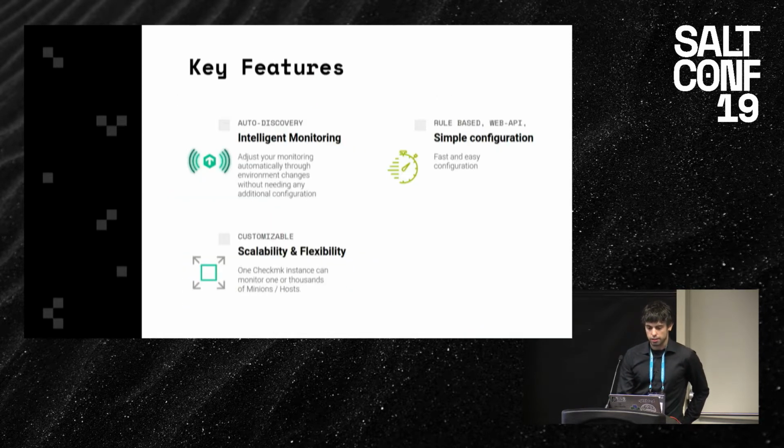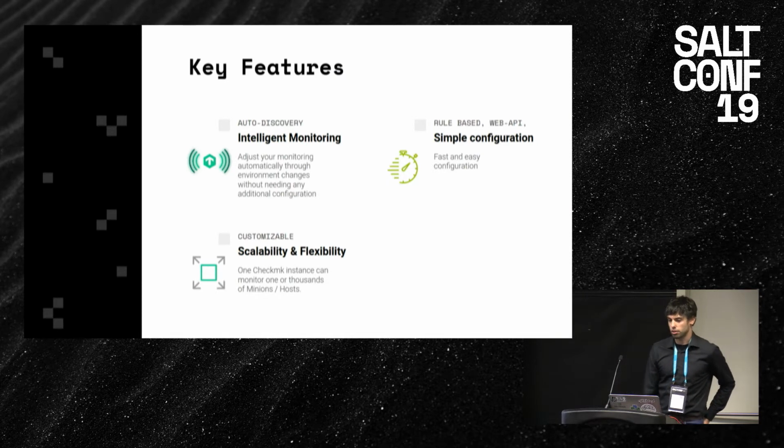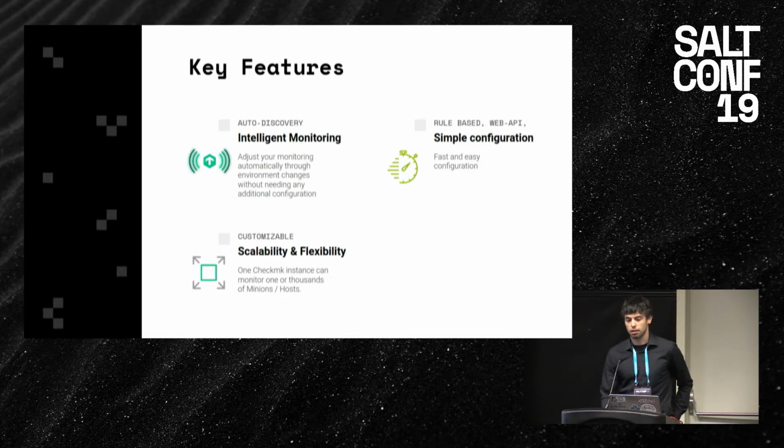Okay, so what are the key features of CheckMK that we are using? One of the key features is that it detects metrics automatically. That is possible if you install a CheckMK agent on your server, on your minion. CheckMK is able to discover metrics like interfaces, hard disks, running processes, and a lot more stuff we will see later in the live demo.